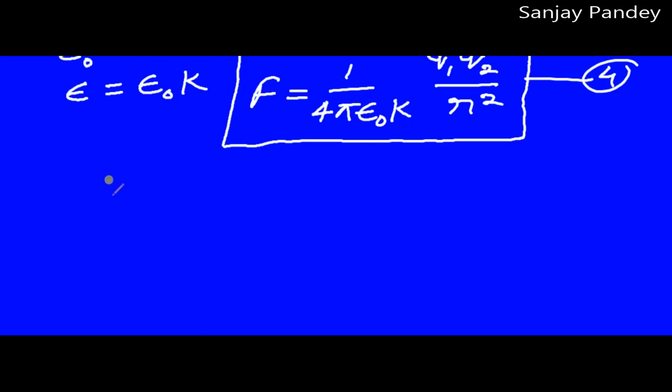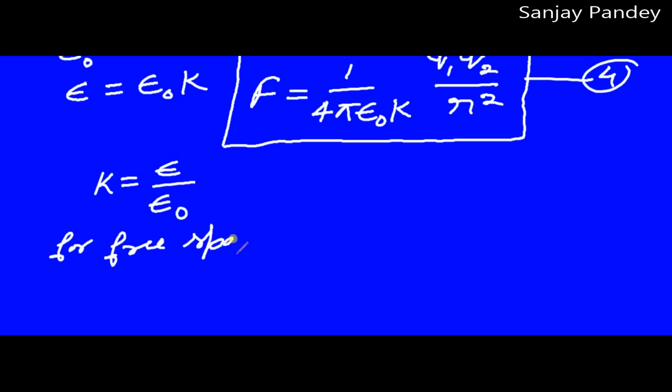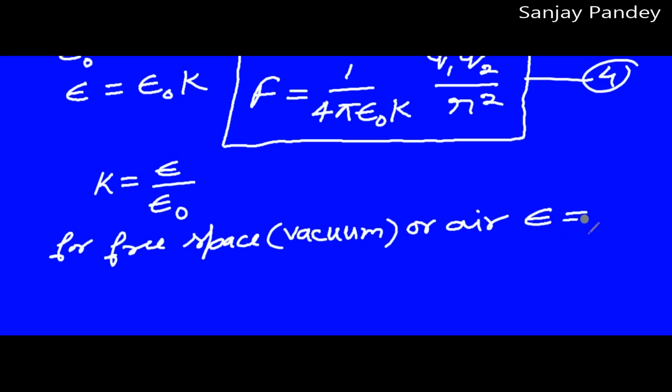Dielectric constant k is defined as k is equal to epsilon upon epsilon naught. For free space, it is also called vacuum, or air, the value of epsilon is equal to epsilon naught.